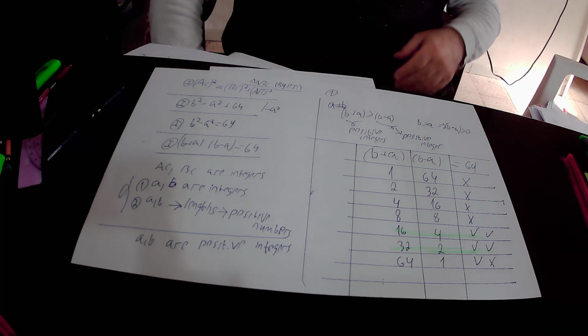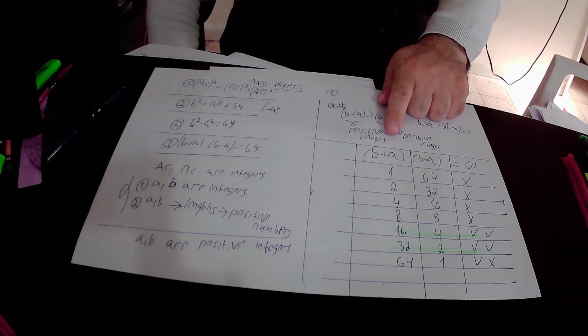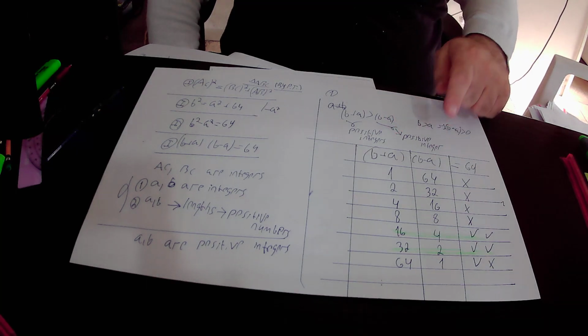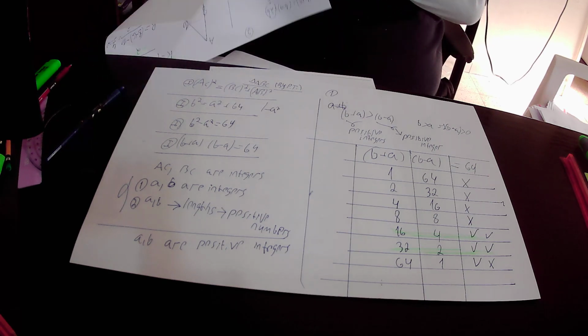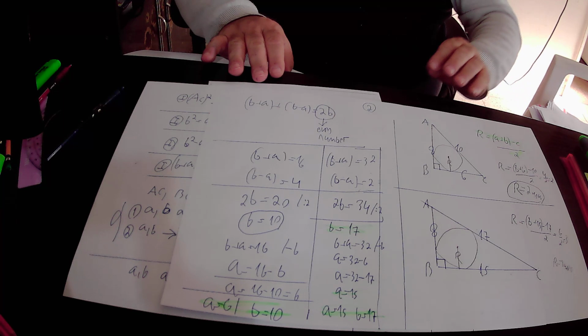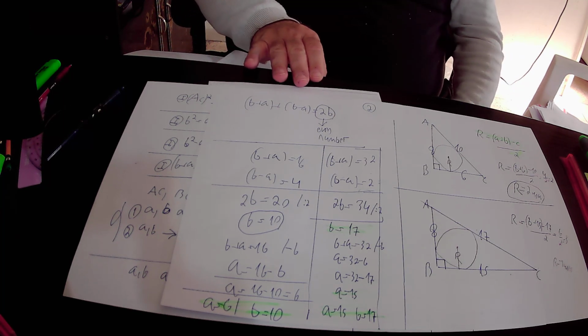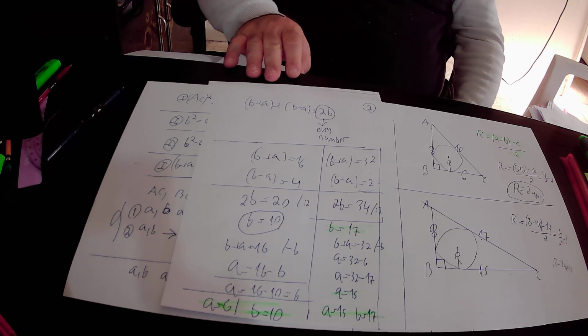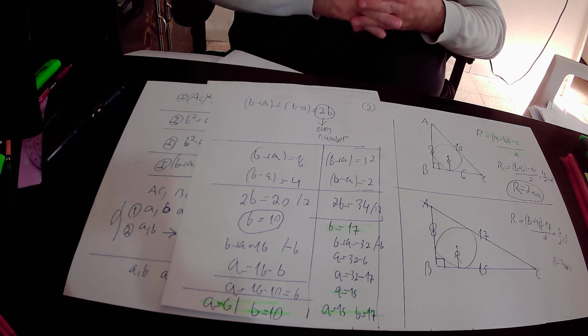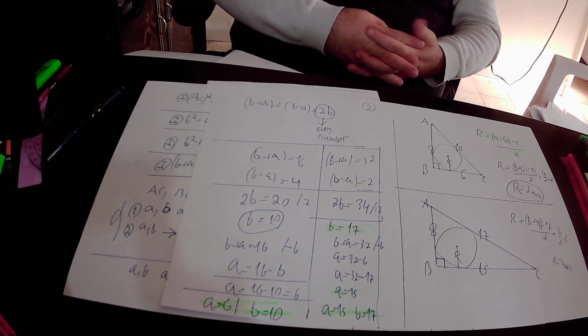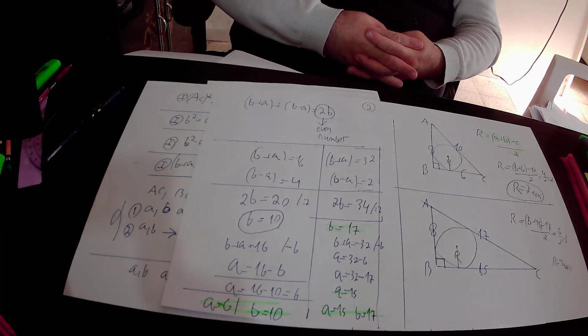But now we will add the first number to the second number in order to find out the result. So when we added the first number to the second number, that is to say b plus a plus b minus a, we got here that b plus b is 2b and a minus a is 0. b is a positive integer, therefore 2b must be an even number.